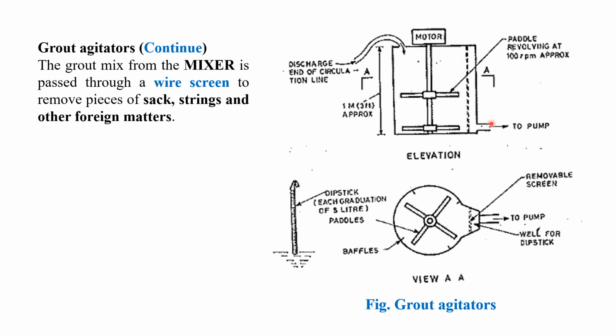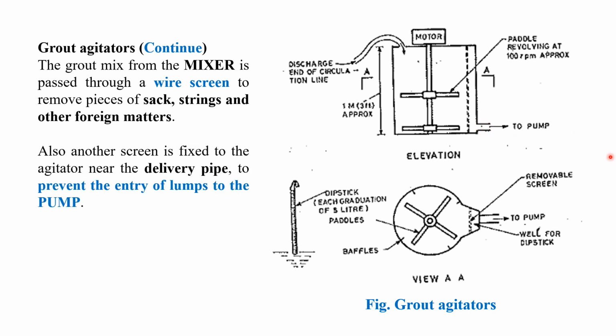Here also, when it is finally taken by the pump, the screen is there, so that unwanted things will not go to the pump. Another screen is fixed to the agitator near the delivery pipe to prevent the entry of lumps into the pump.